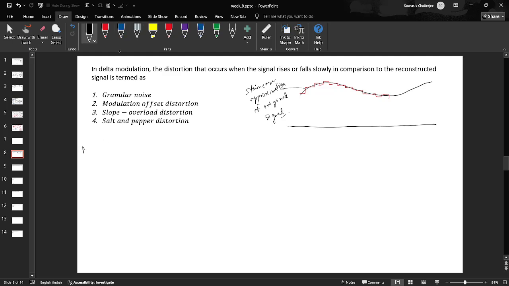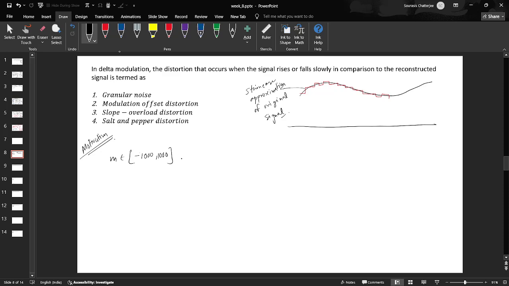Now where does the delta modulation come into the picture? Let us talk about the motivation first for the delta modulation. So imagine you have a signal which takes value in this interval, let's say minus 1000 to 1000, and you want very low quantization error. So how to ensure that? You need to have the step size in your quantizer very small.